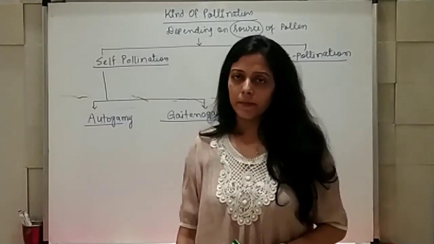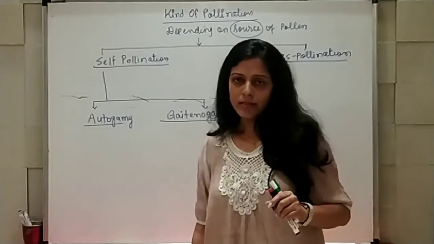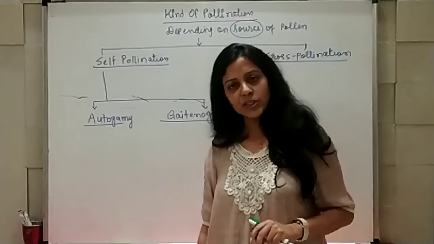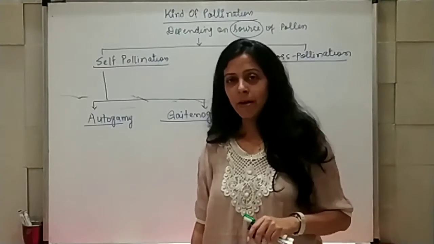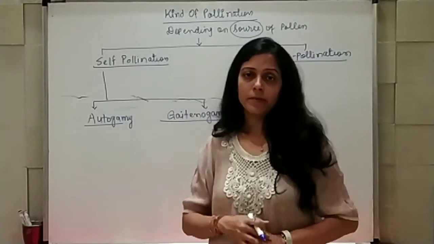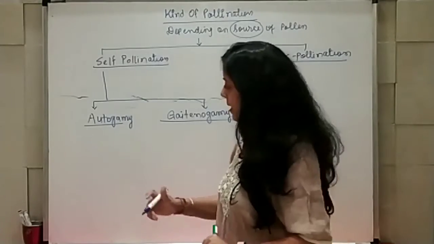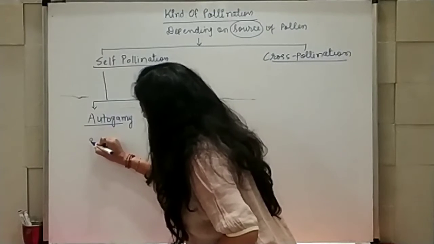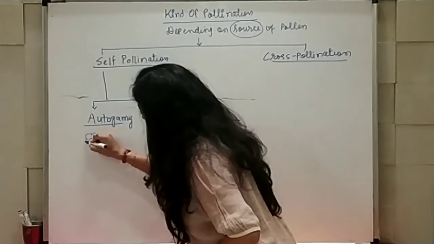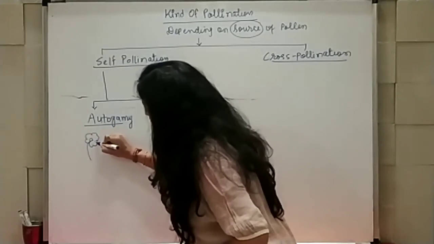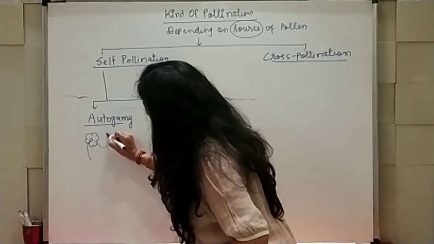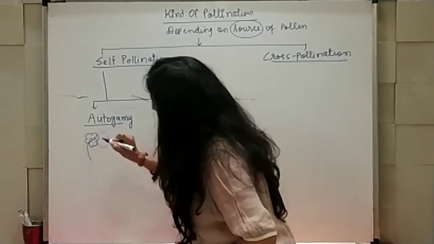In autogamy, the pollens are transferred to the stigma of the same flower. So the flower is bisexual, and because of that, pollen from this flower is transferred to the stigma of the same flower.